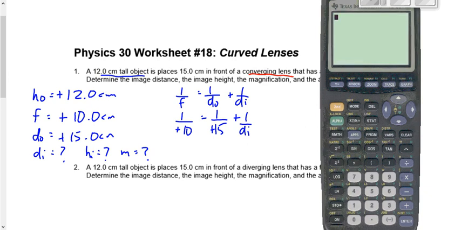We're going to say 1 over 10, which is just 10 to the minus 1 on your calculator. But I have to take the 1 over 15 over by subtracting. So I'm going to say 1 over 10 minus 1 over 15, 15 to the minus 1. That gives me not the answer. That's 1 over DI. So how am I going to find DI? Just hit 1 over that number. And we get 30. So DI is positive 30 here.